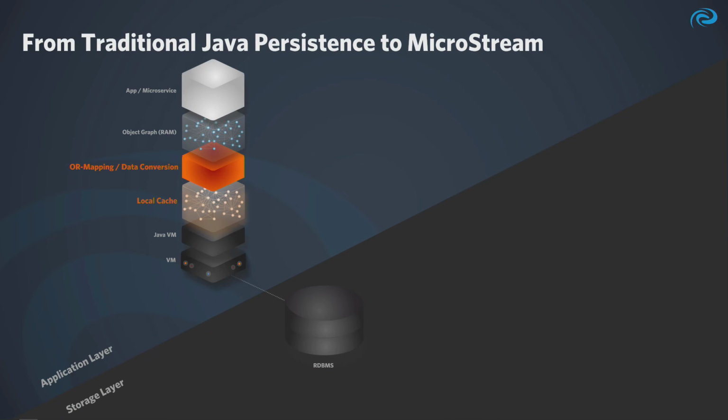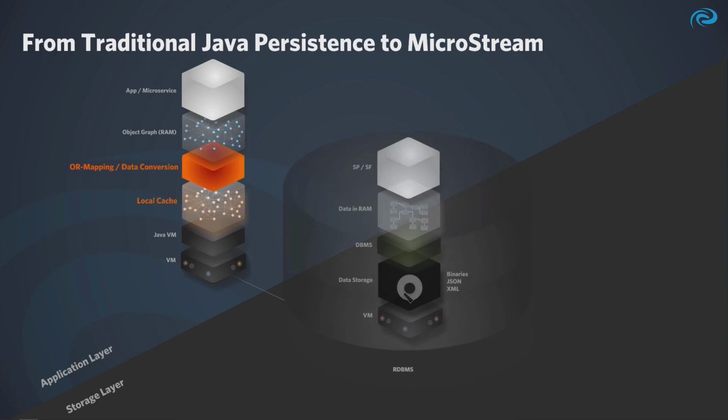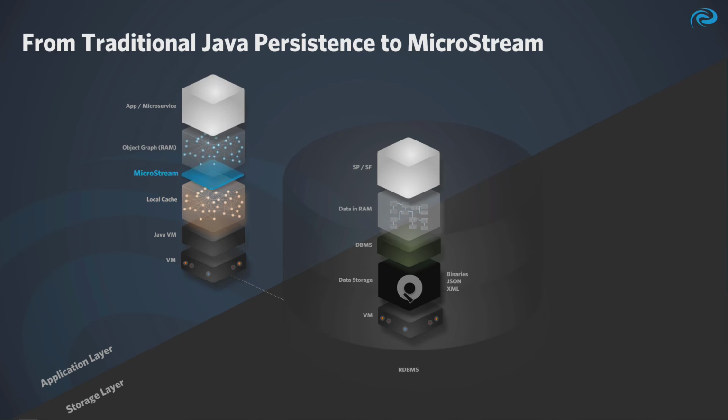How does this work? The functional principle is really simple. Let's have a look inside the database again. Of course, we don't use stored procedures. We don't need the database system anymore because we believe everything has to be done by the Java business logic, concurrency and validation and so on. And we replace Hibernate with MicroStream, so no more object relational mapping.